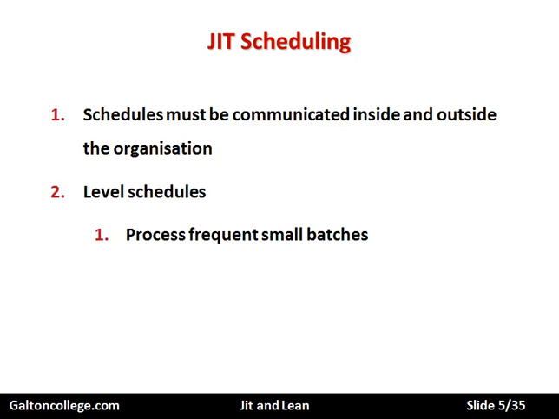They're small deliveries, so perhaps smaller transport could be used, and they can arrive and be delivered more efficiently. So small batch production can take place, and it runs smoothly, so there are no ups and downs or variations in the production.